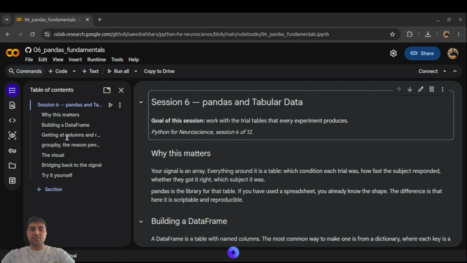It is in cognitive psychology, in clinical assessments, in half the neuroimaging experiments running today, and it has a shape: one row per trial, with columns saying which condition it was, how long they took, and whether they got it right or not. Which is a table, and that is today the other half of your data.